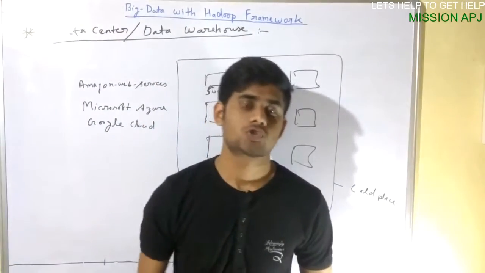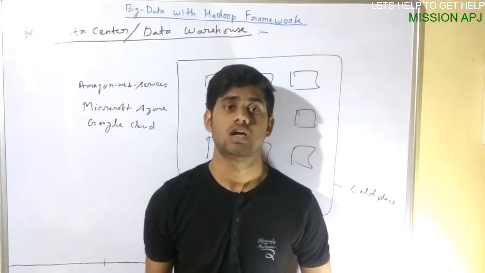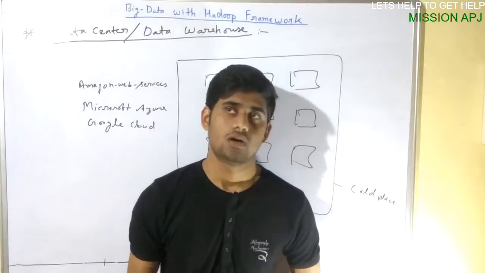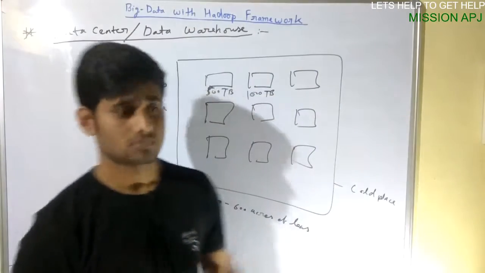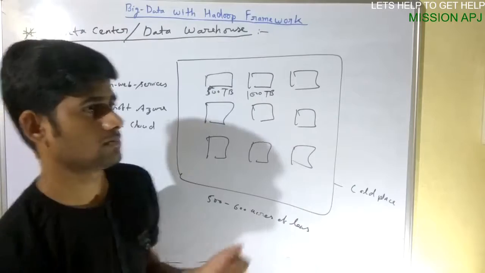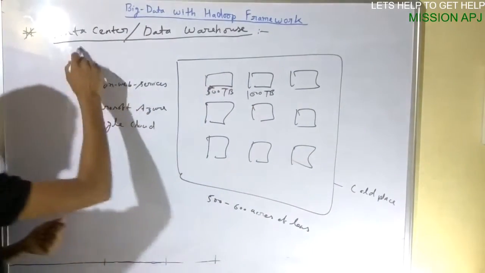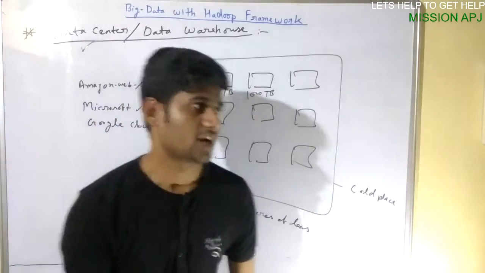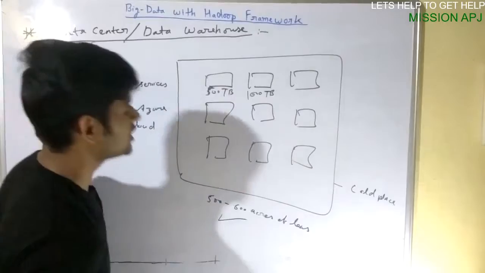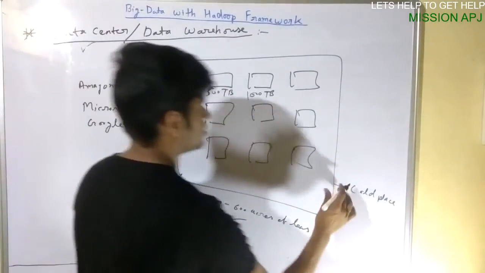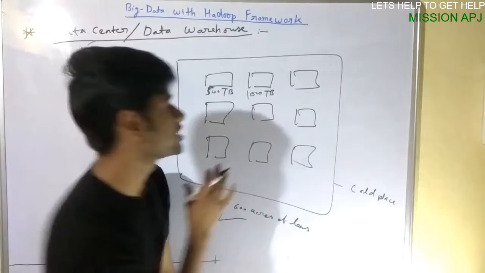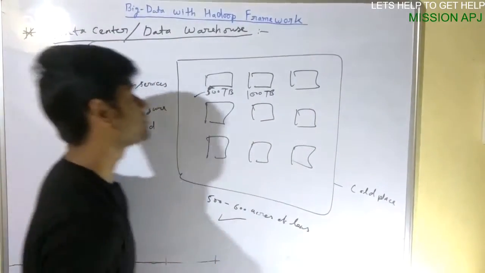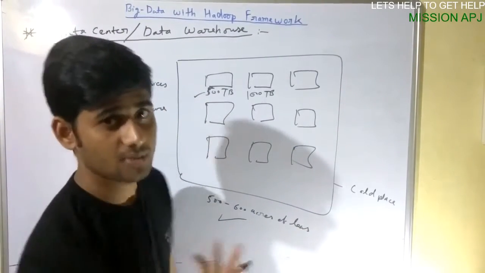Now, storing huge data is a very big problem. So what is done is that the data is stored in data centers or data warehouses. And what are a data center and a data warehouse? They are nothing but 500 to 600 acres of land containing a huge number of hard disks, maybe 500 TB or 1000 TB each, or some other number.